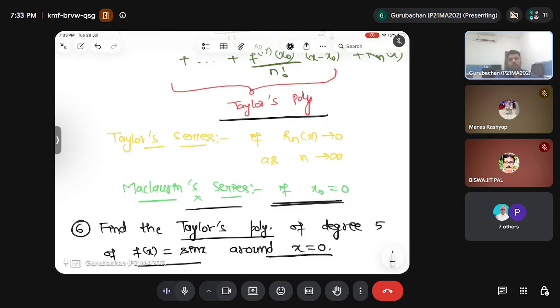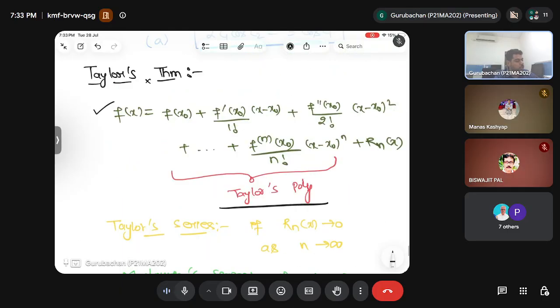We need to calculate only till degree 5, so we need to process till the fifth order derivative.